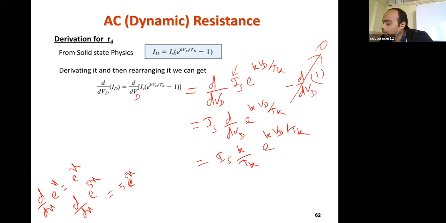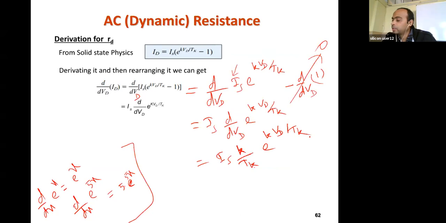So similarly, this is just an example I told you. Similarly, I had Is d by dV of e to the power k Vd by Tk. So this k by Tk term will come outside of this derivative, where it is k by Tk e to the power k Vd by Tk.